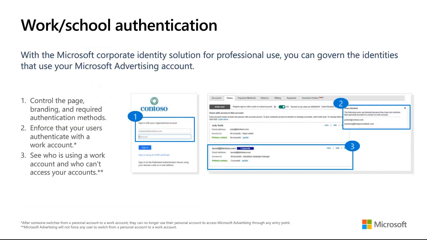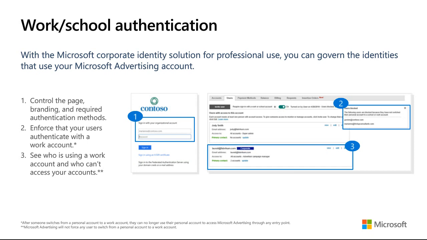So how are we going to introduce work or school accounts in Microsoft advertising today? The way that work or school authentication is going to take place is that, first of all, you will get full control with the branding and the required authentication. So your actual login experience is going to be the same as you experience for your company across a range of other, not just Microsoft services, but all services.